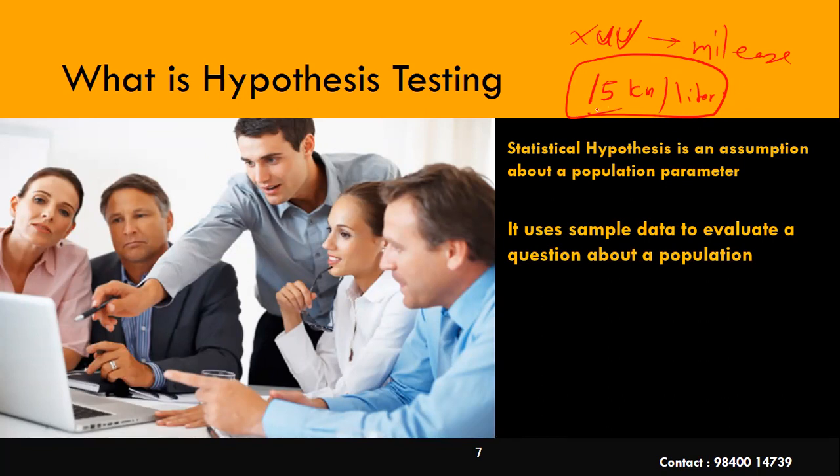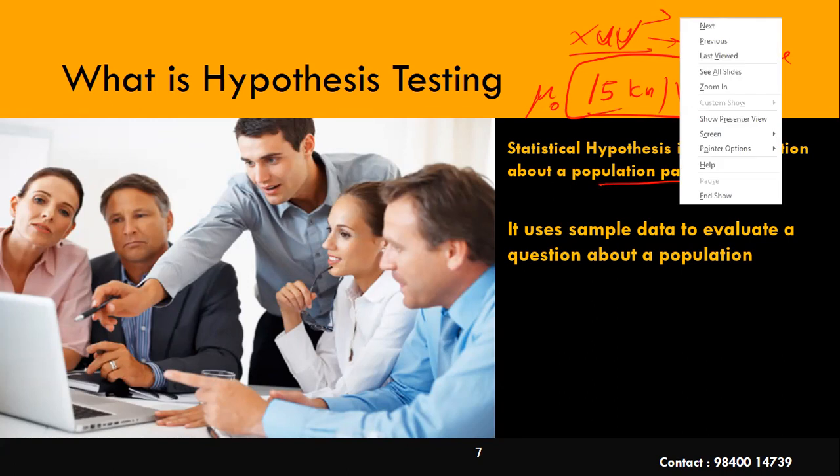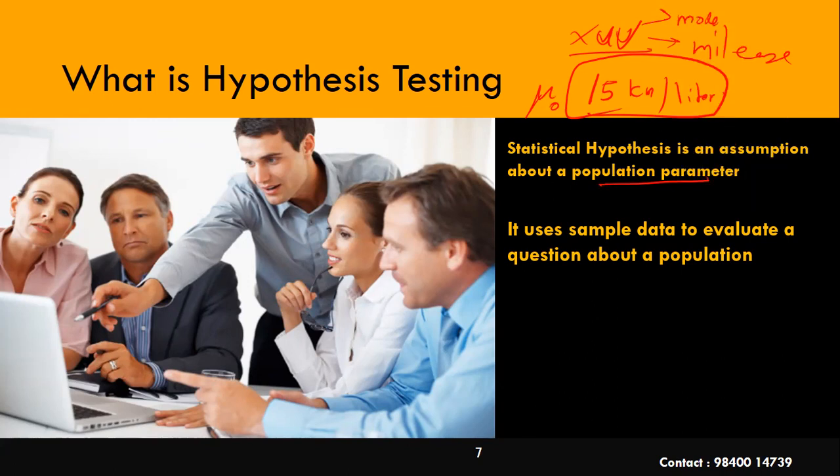We simply make an assumption that this is going to be the population parameter, which means mu, the hypothesized mean. We are assuming that on average, all the XUV vehicles of a specific model, let's say Model A, give us on average 15 kilometers per liter.